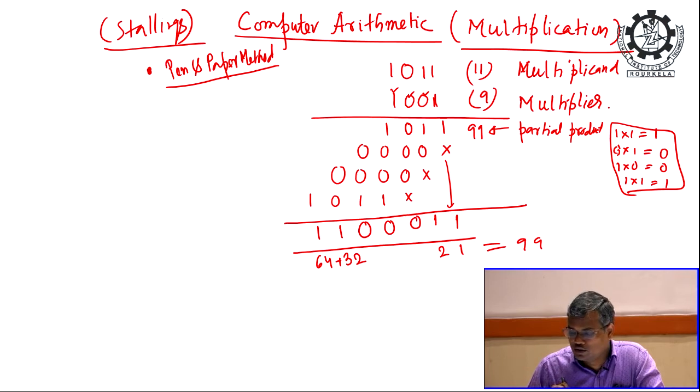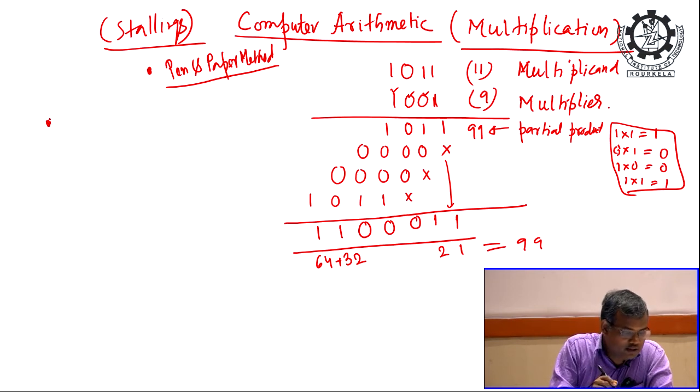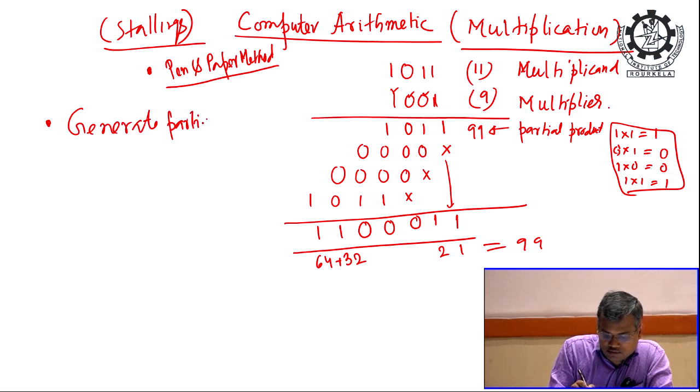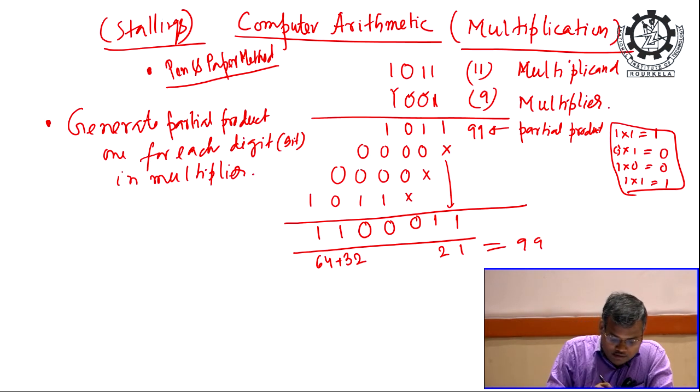Here are the observations we can note down. If we summarize, we generate one partial product for each digit or bit in the multiplier.